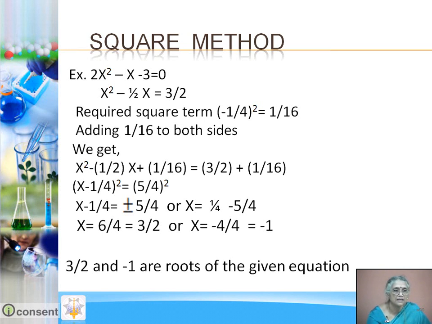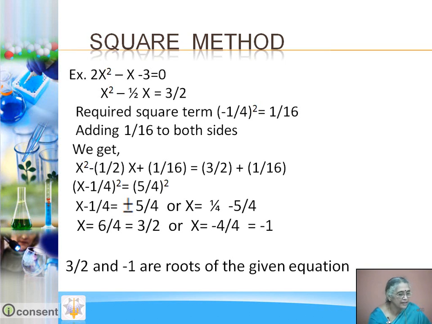Now the LHS is the complete square of x - 1/4. So we write (x - 1/4)² = (5/4)². Therefore, x - 1/4 = ±5/4.